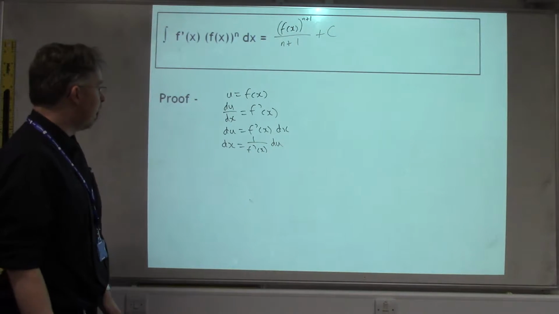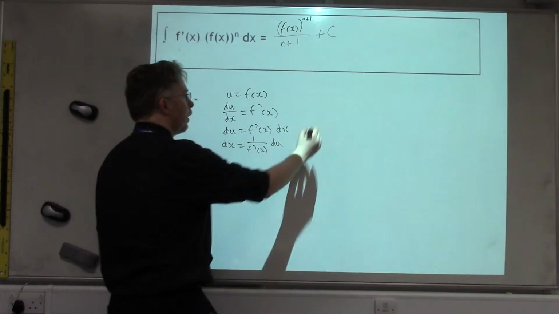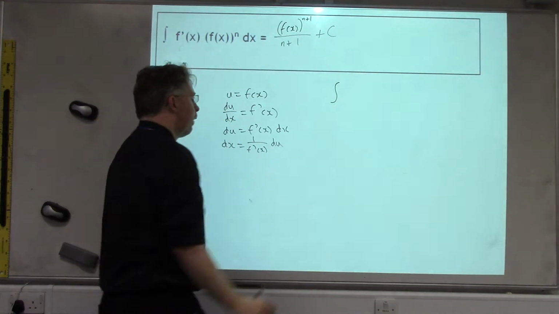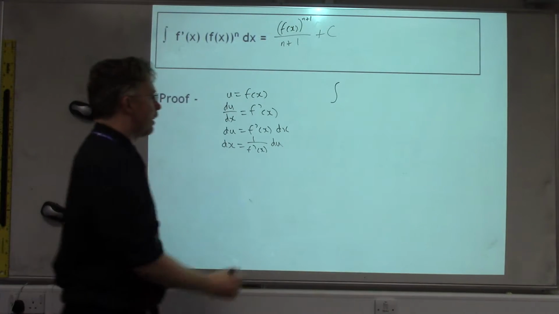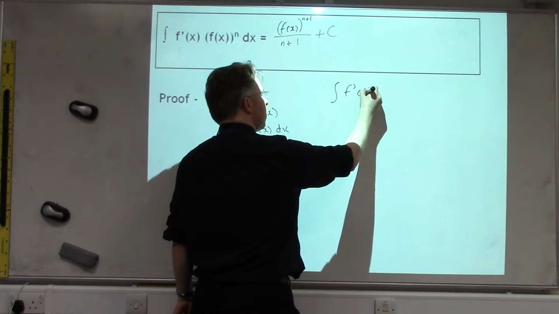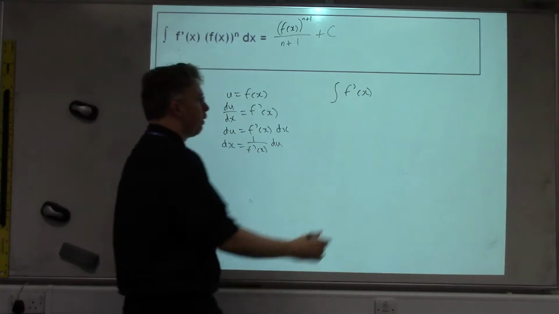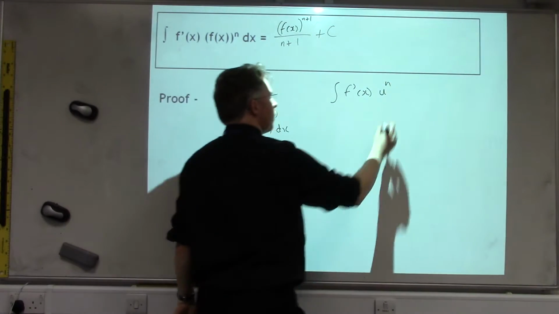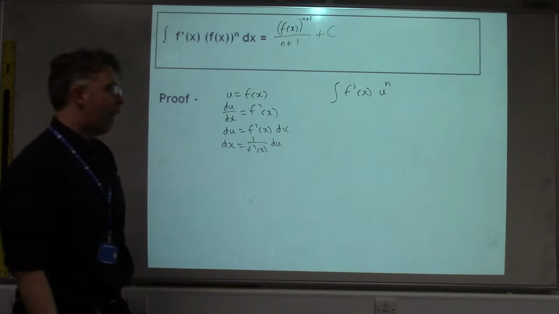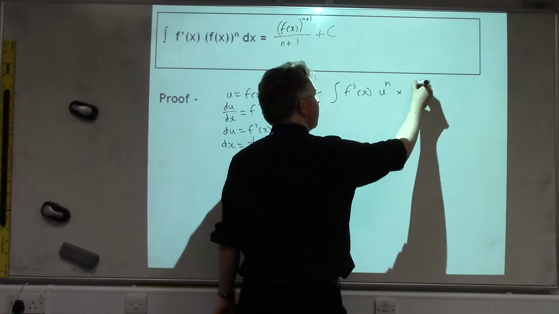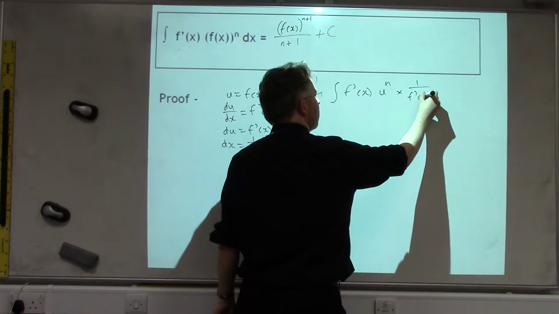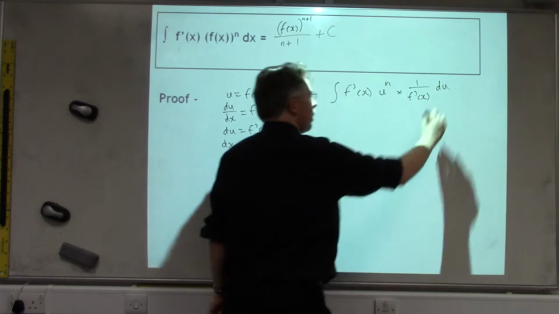Subbing that into the integral, we get the integral of f dash of x, u is f of x, so we get u to the n, times 1 over f dash of x, du.